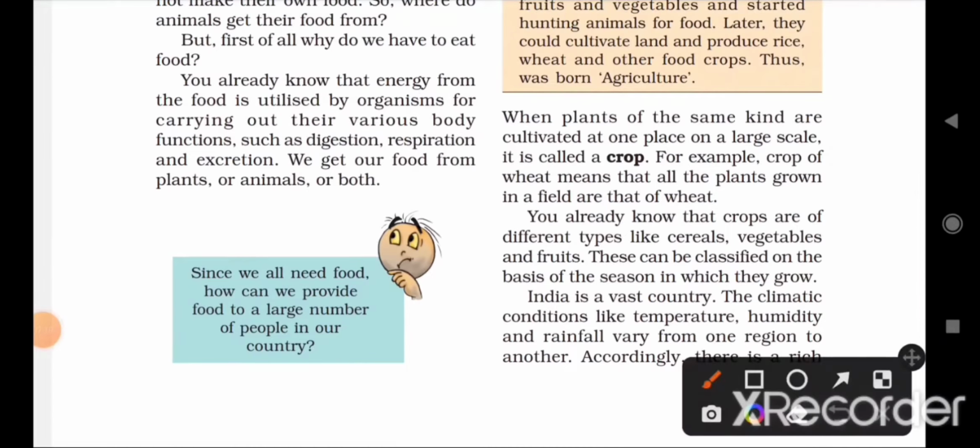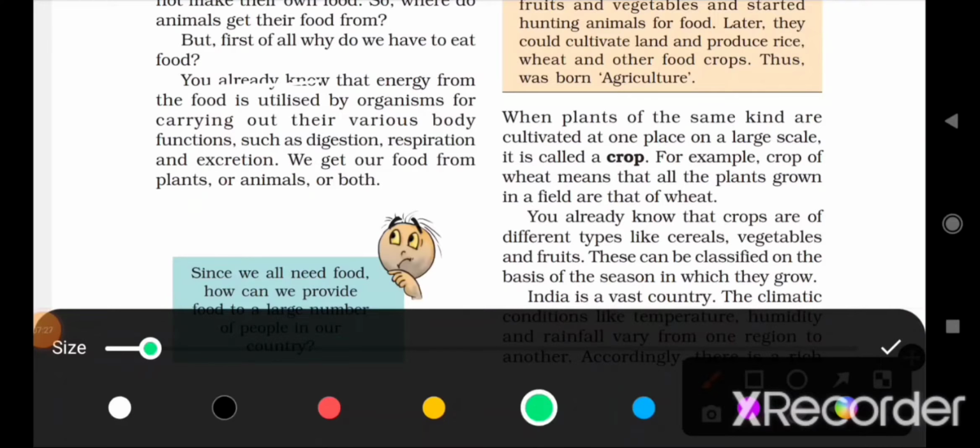You already knew that energy from the food is utilized by organisms for carrying out their various body functions. So by eating the food, the organisms get energy, and this energy is used for various body functions.